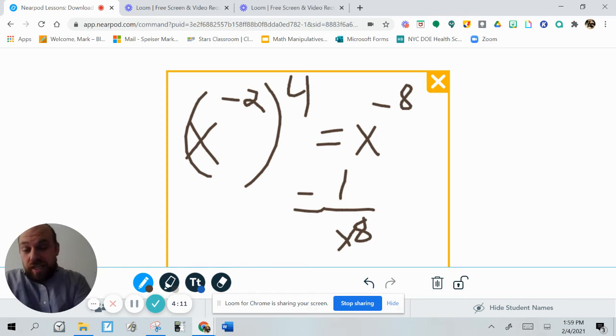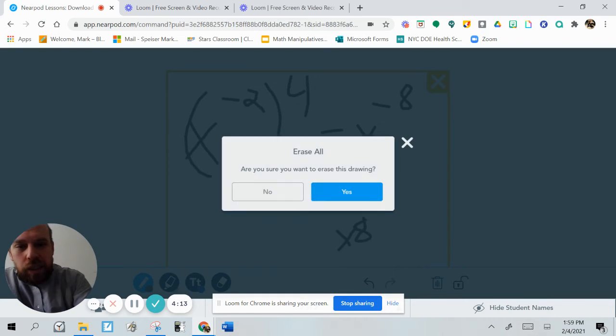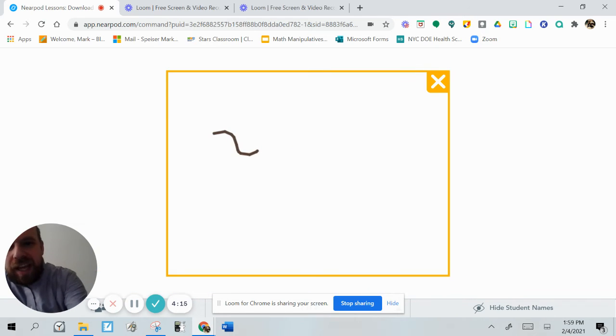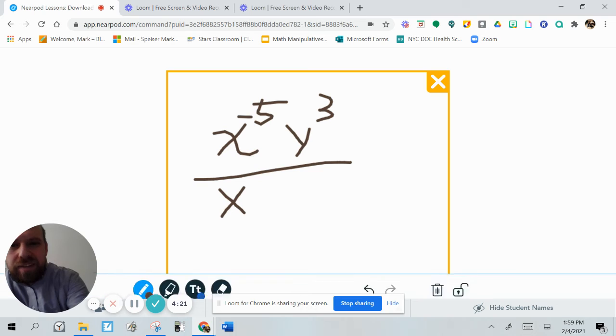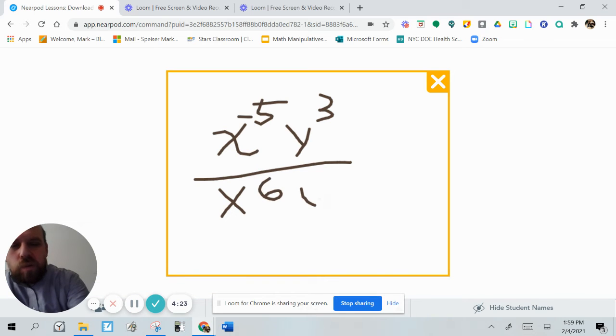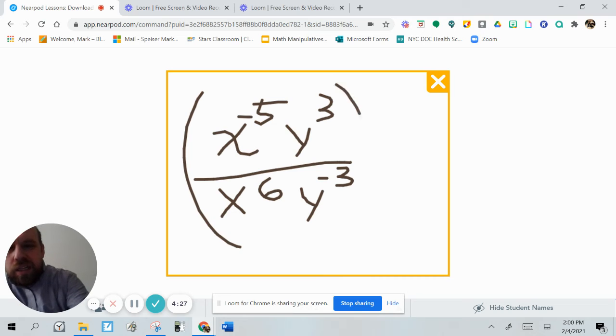And let's do an interesting example, combining them. So we have x to the negative 5, y to the 3rd, over x to the 6th, y to the negative 3, all squared.